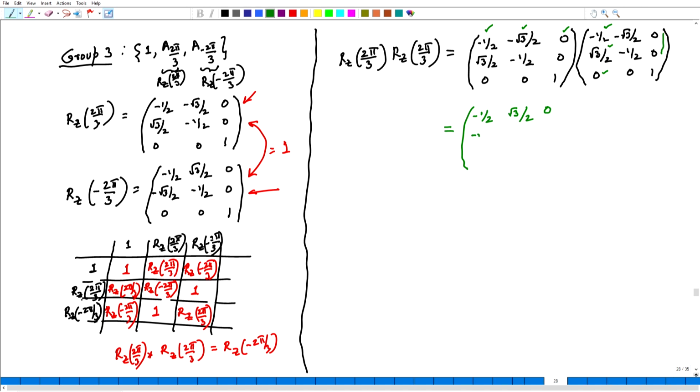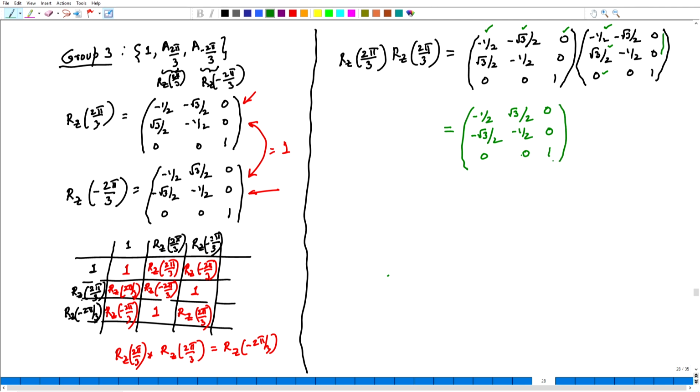And similarly, next what one does is take the second row, first column of the second matrix, do the multiplication, and one will get minus half, 0, and the third row into the first element 0, third row into the second column is 0, and then finally third row into the third column I will get 1.